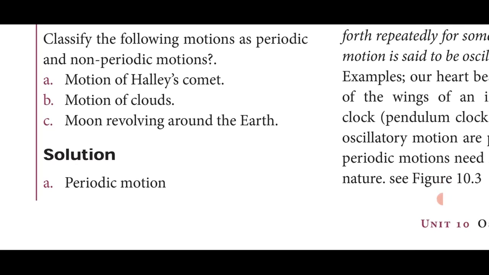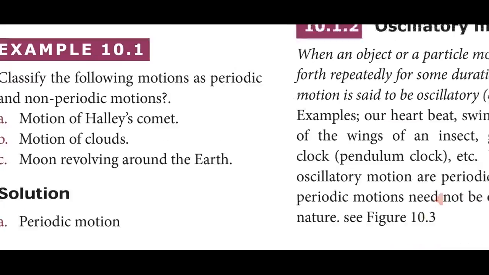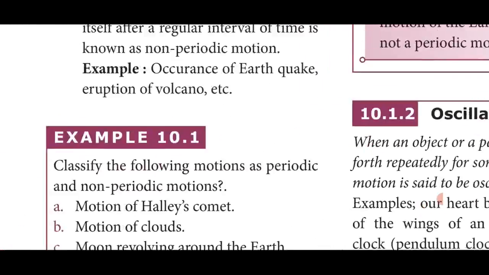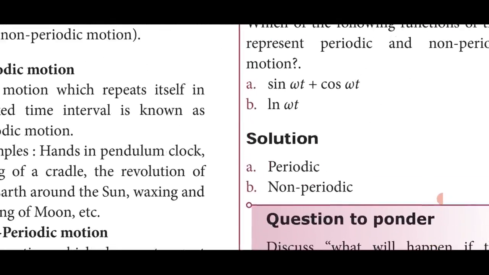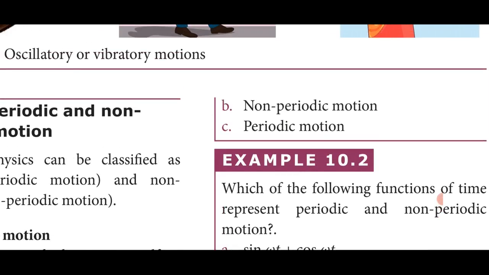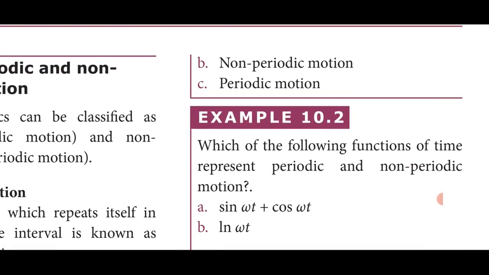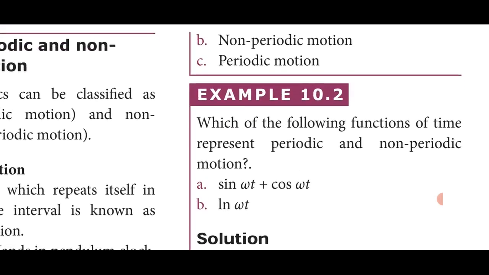The first, the motion of Halley's comet, is periodic because it has a regular interval of time. The second, the movement of the clouds, we know is at irregular intervals of time, so it is non-periodic. The last, the moon revolving around the earth, is periodic.